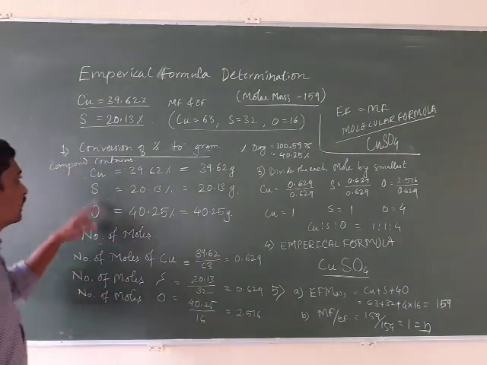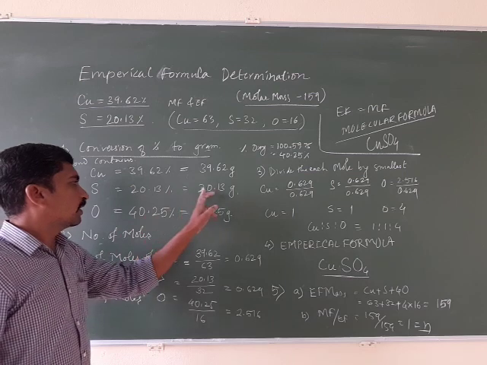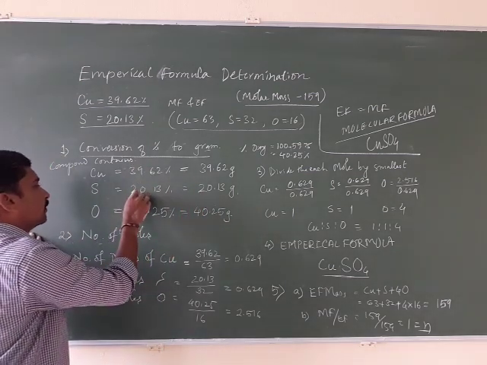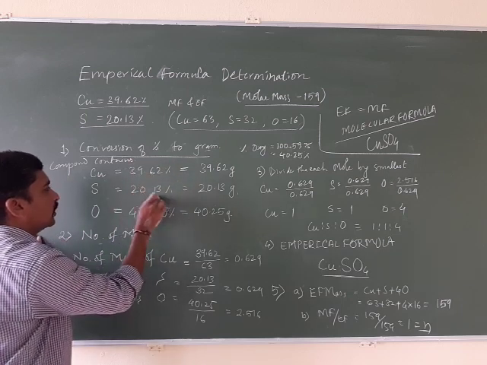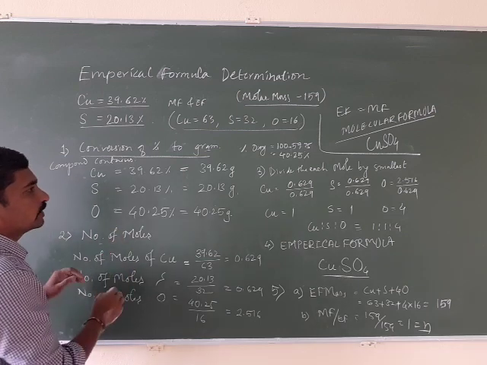Then we have converted the mass percentages into masses. For Cu and for sulfur we have written the values directly, but when we add the composition of sulfur and copper, it is not 100%, which means there is an oxygen atom.